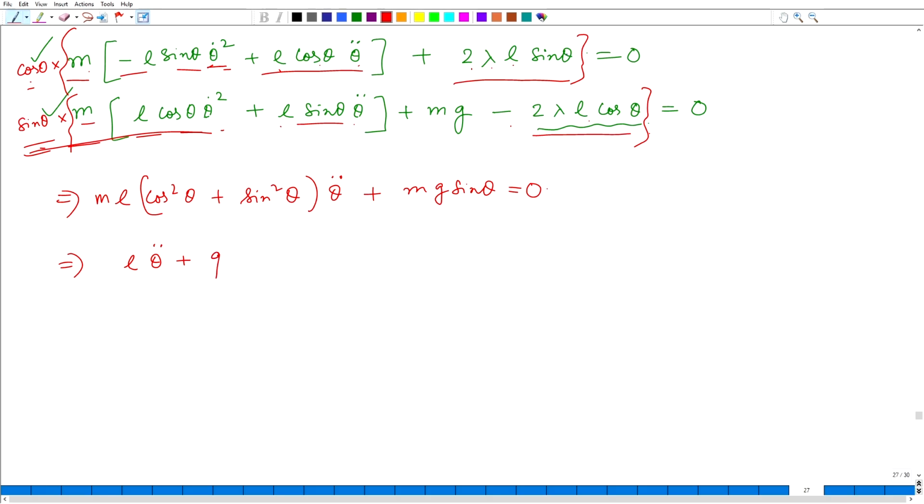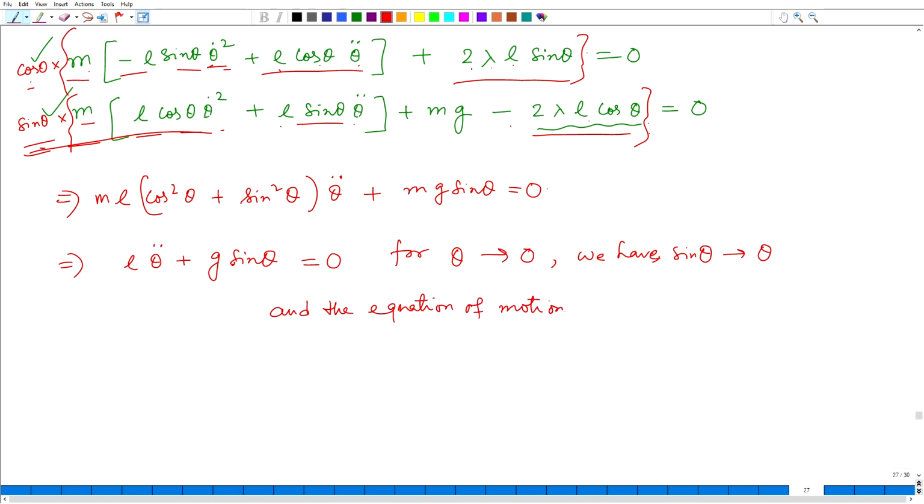Then I can simply say this is g sin theta is equal to 0, and then again for theta tending to 0, we have sin theta is theta, and the equation of motion is given by theta double dot plus g by L theta is equal to 0. Okay.